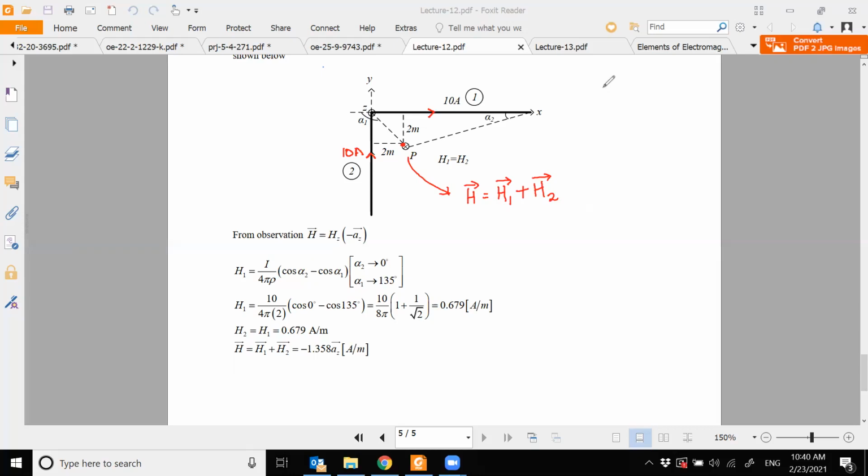Now before even starting, can you guys think and tell me what will be the direction of the magnetic field here? You can do it one by one for this line and this line. For this line, my observation point is here. So put your thumb along this direction. And where is the curving of your fingers?